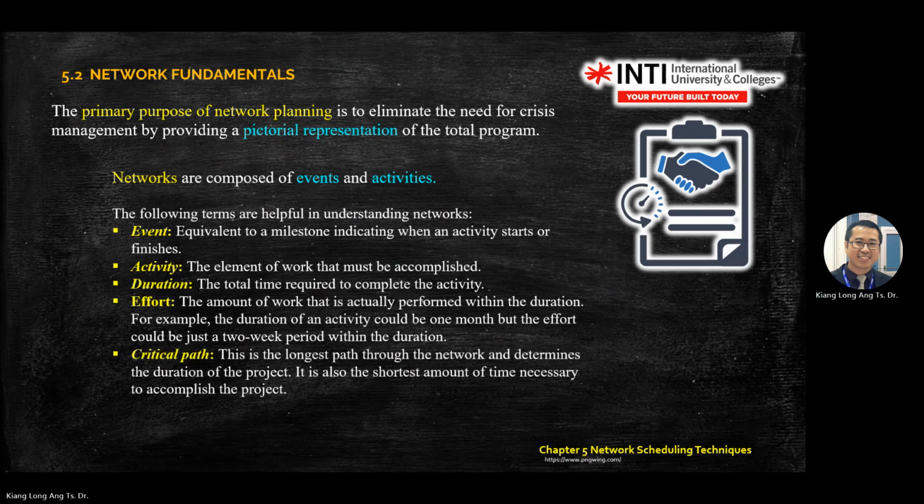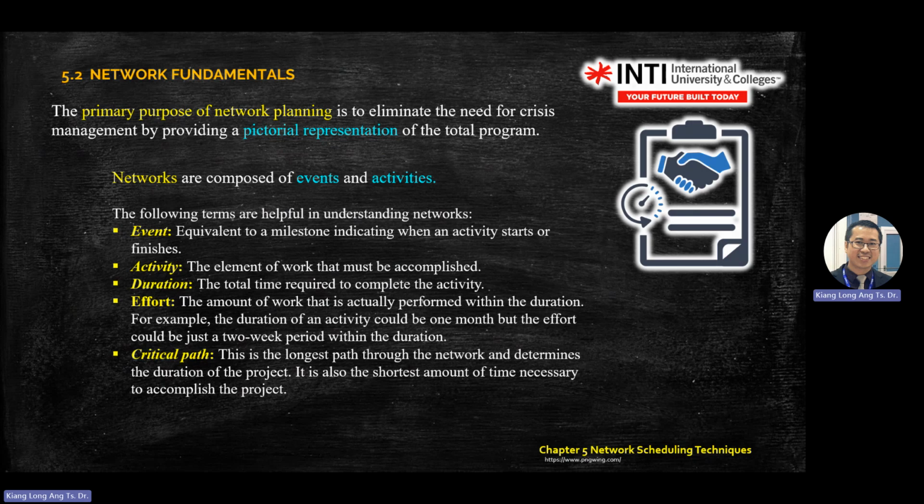Later, I will keep repeating event, activity, duration, effort, and critical path. Event is a milestone where an activity starts or finishes, from start to end, the whole length of what I drew on the whiteboard. This is called an event.